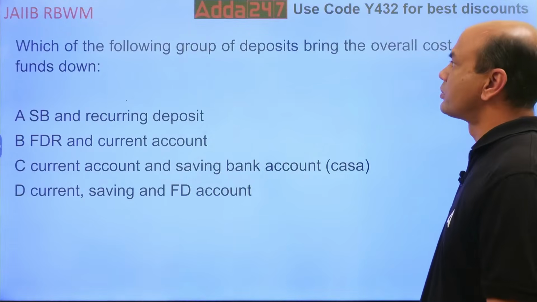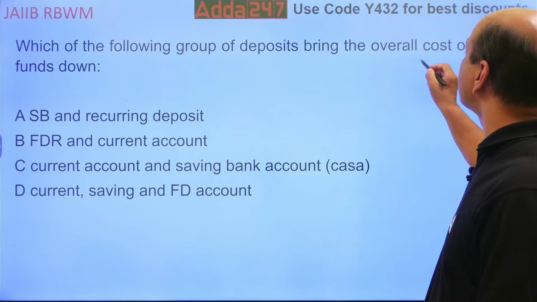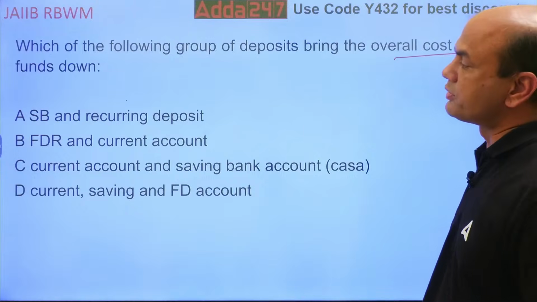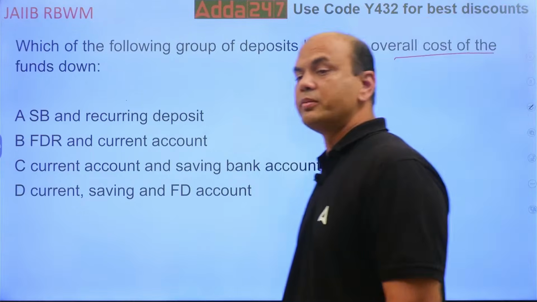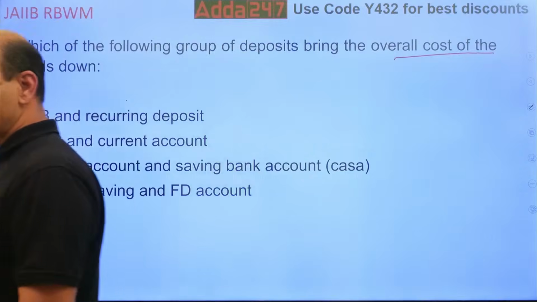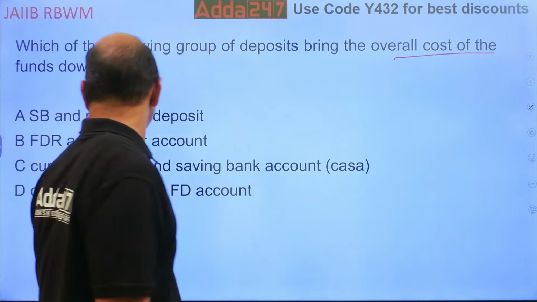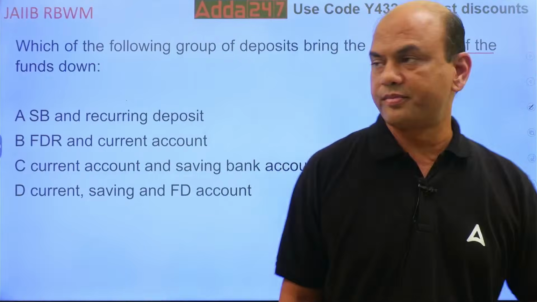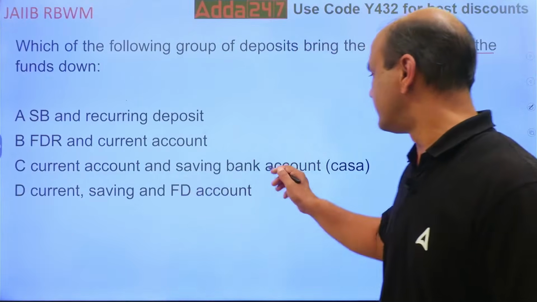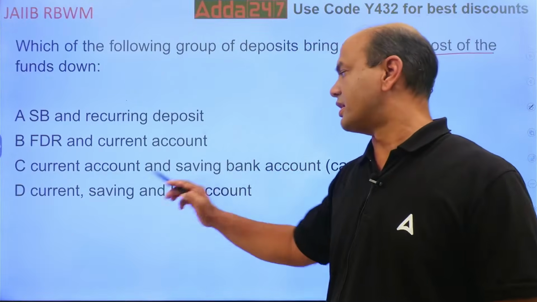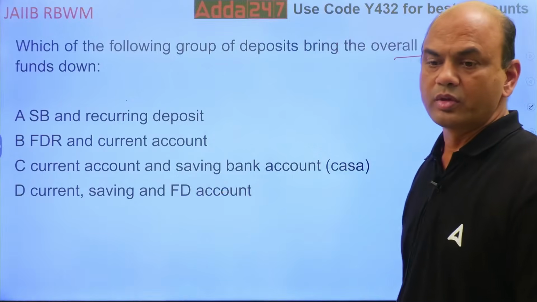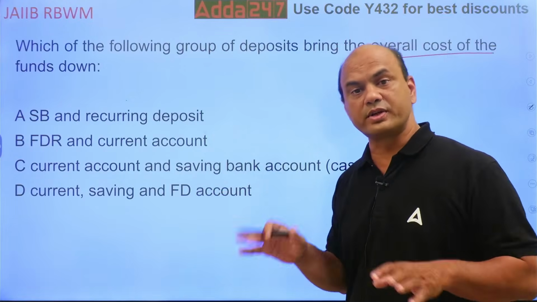Which of the following group of deposits bring the overall cost of the funds down? So who will bring the overall cost of the funds down? Saving and recurring deposit, FDR and current account, and savings account: Kasa, current, saving and FD. Who will bring the overall cost of funds down for the branch?